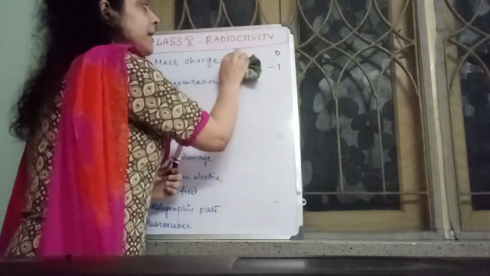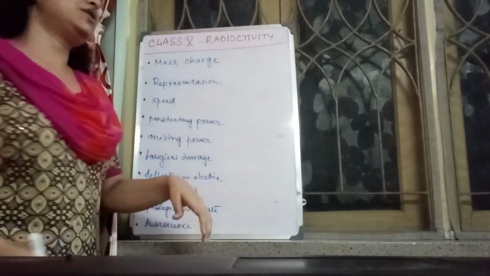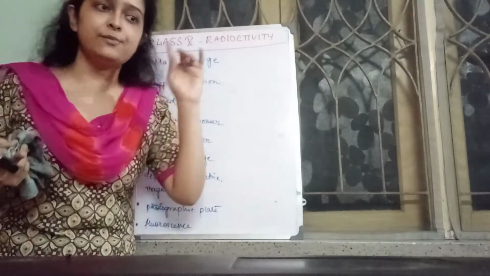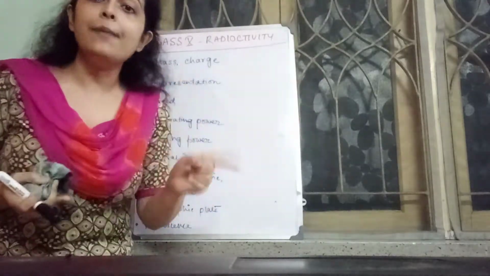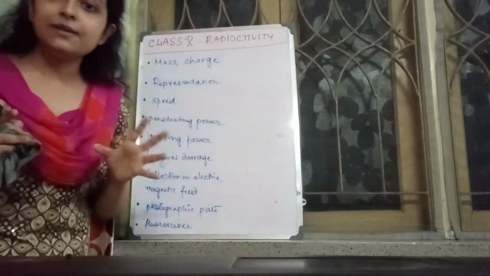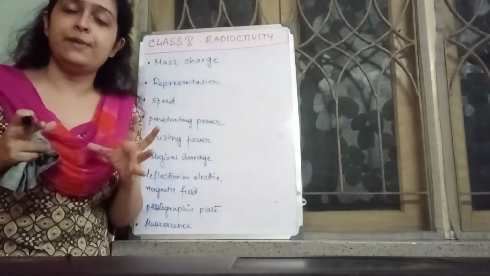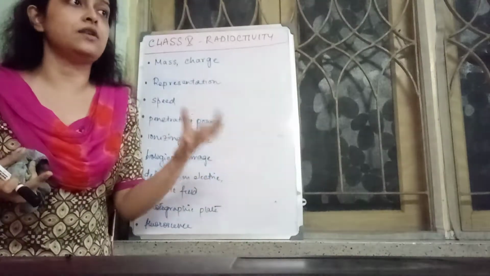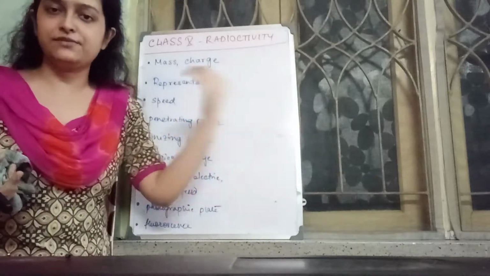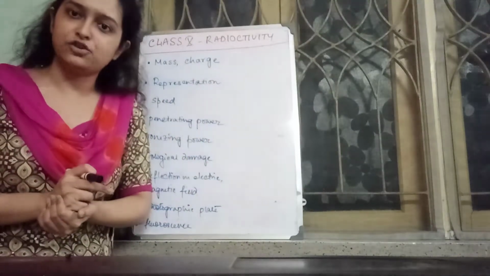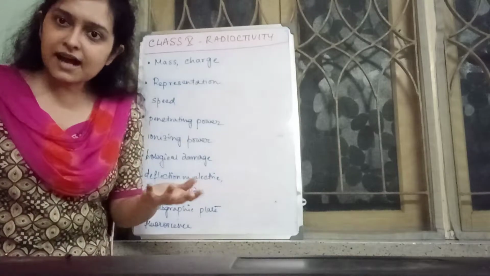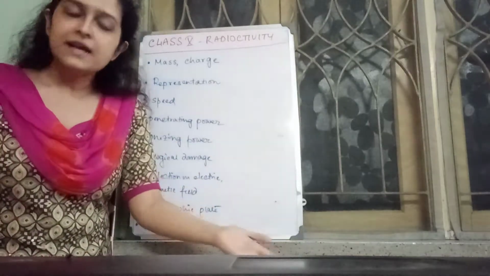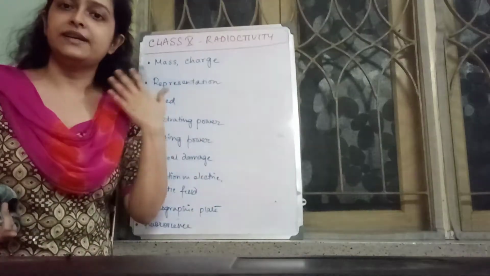What about gamma then? Gamma radiations, do you remember in the electromagnetic spectrum we have done? Gamma radiations are nothing but a type of electromagnetic radiation, just like X-rays or the other electromagnetic radiations, just with a difference in wavelength.